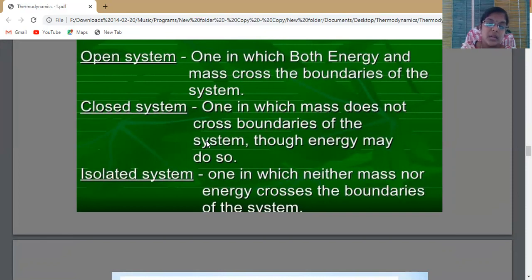The best example is our thermo flask. In our thermo flask we pour some hot coffee and close the lid. So neither energy nor mass crosses the boundary of the system. This is known as an isolated system.